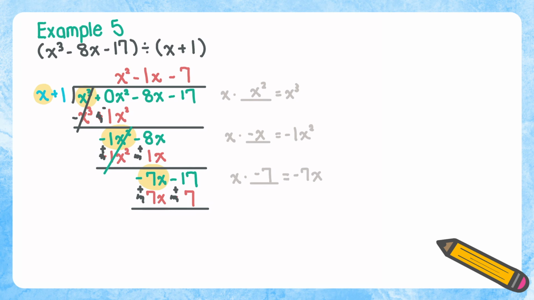First part cancels out, and we're left with negative 17 plus 7, which equals negative 10, which is the remainder. Our final answer is x squared minus 1x minus 7. Technically, we don't need that 1 right there, so let me erase it. And then plus negative 10 over x plus 1.